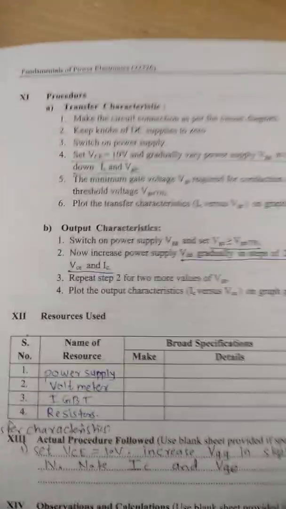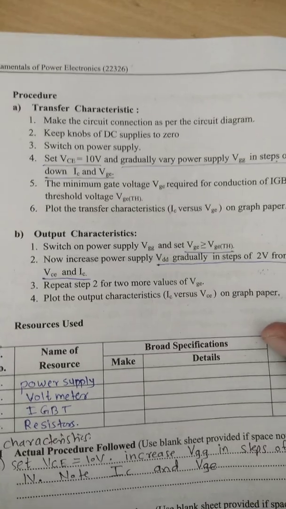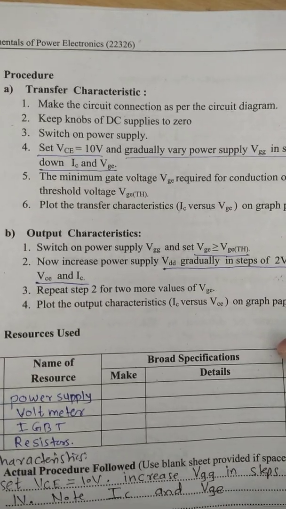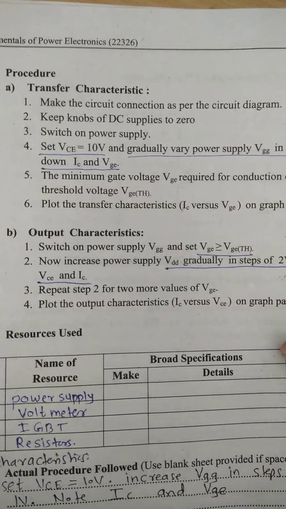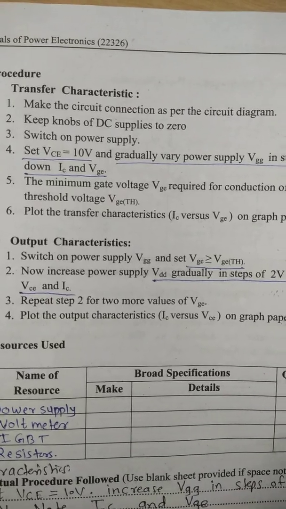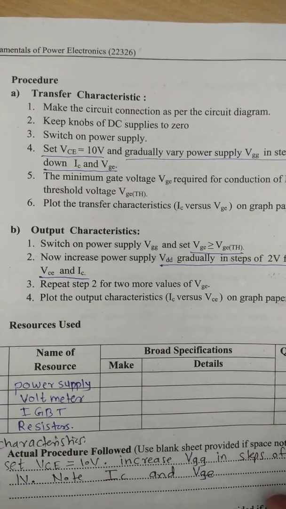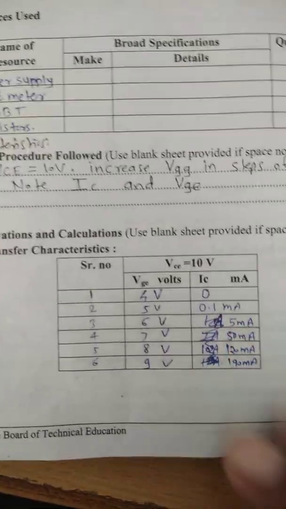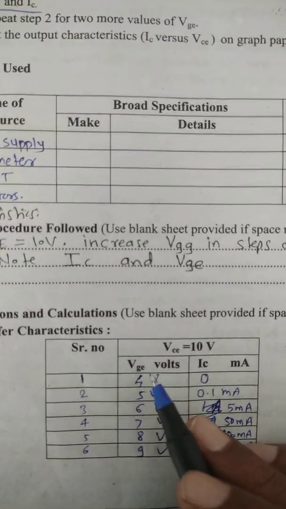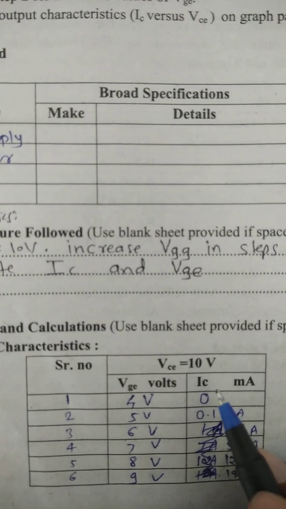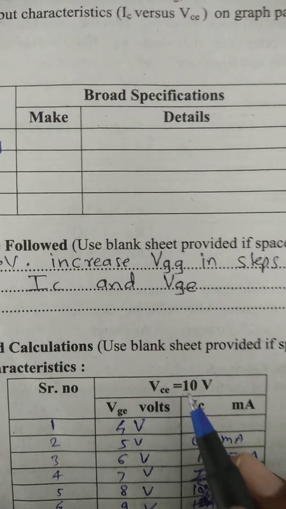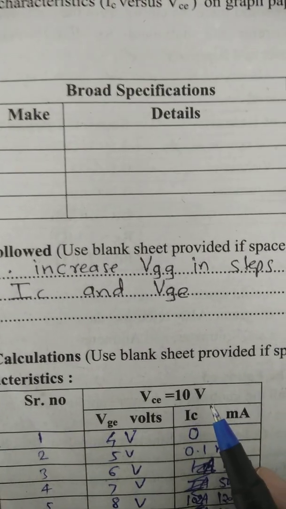So the procedure for this experiment is, in the first step we have to make the connections as per the circuit diagram, and we have to record the value of VGE and IC for VCE equal to 10 volt.